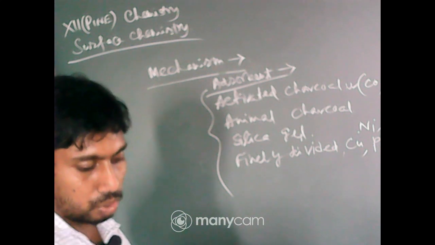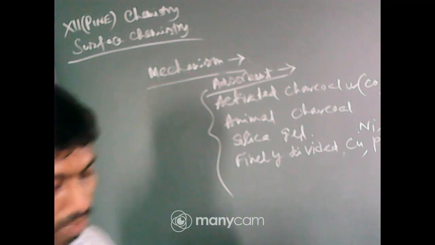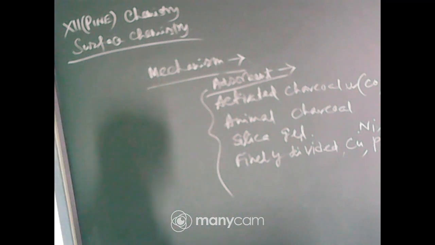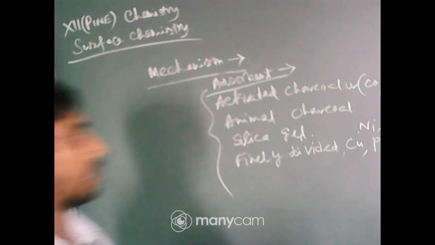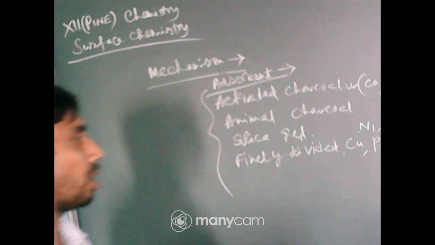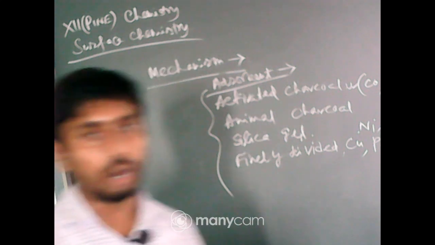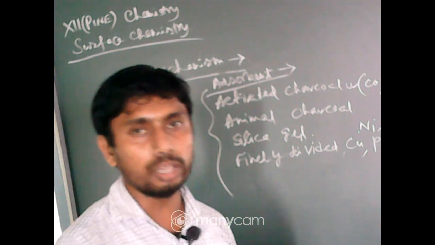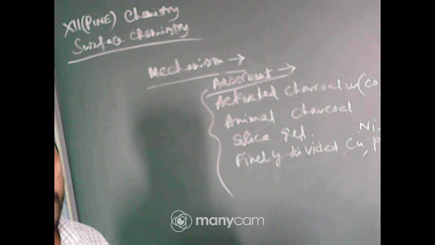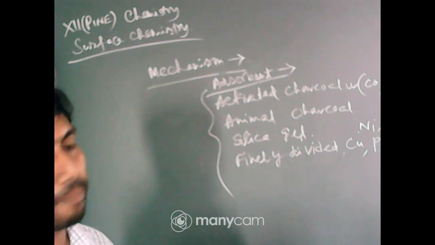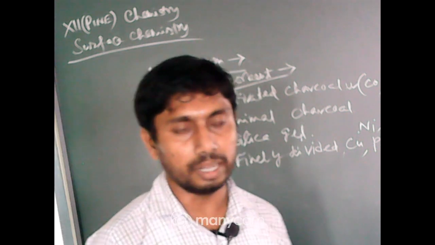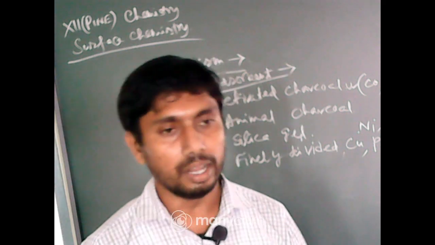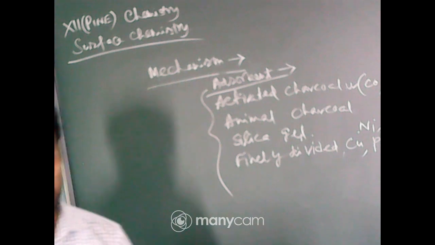Okay. So, next is what positive and negative adsorption are. Positive adsorption is when the concentration of the adsorbate is maximum on the surface. When it is more in the bulk, that means it is less on the surface, it is called negative adsorption.